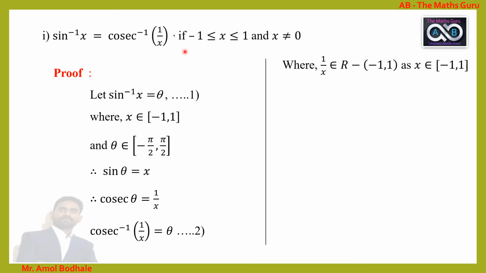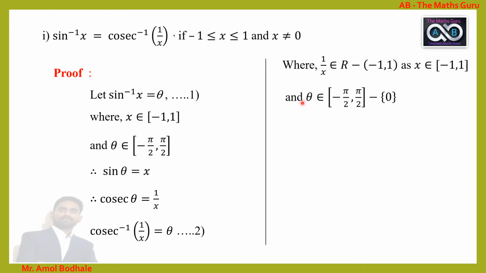As given, x belongs to minus 1 to 1, so obviously the reciprocal of x must belong to R minus the open interval minus 1 comma 1. For example, if we consider x as a half, which belongs to minus 1 comma 1, and if we take the reciprocal of half, which is 2, it obviously belongs to R minus the open interval minus 1 comma 1.